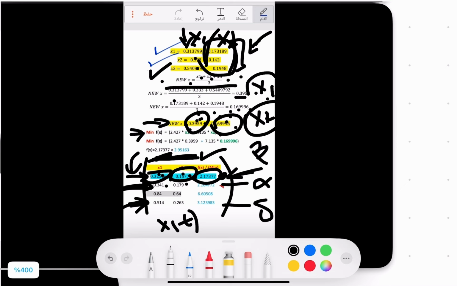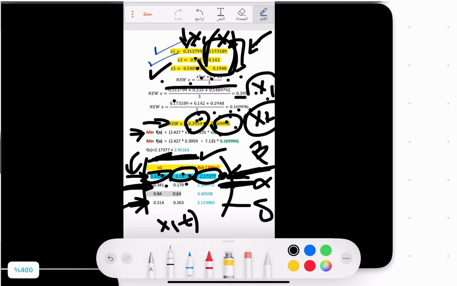So when we found that this value is 2.17, we have to choose our x alpha, x beta, x gamma from the start. The smaller value of the function will be this. So the corresponding values of x1 and x2 will be the ones that give us this total of 2.104. The second biggest is now this new value we got here.